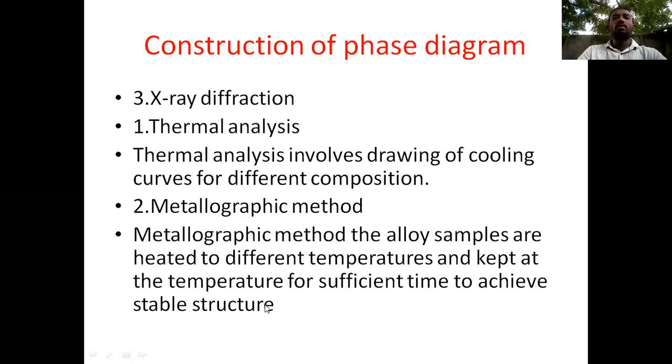We take one alloy, heat it to different temperatures and hold it there until the structure is stable. For example, we can take iron metal. In this iron metal, the hardness is very low, or the brittleness is very high.